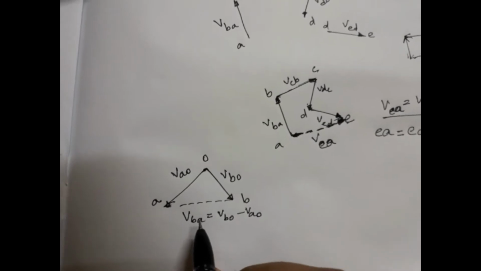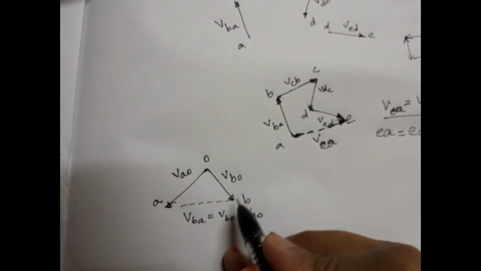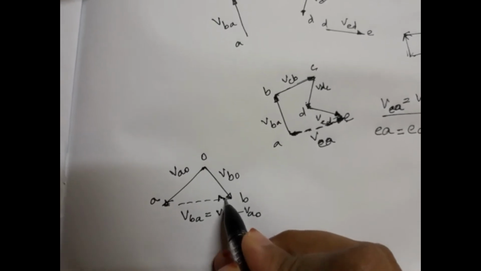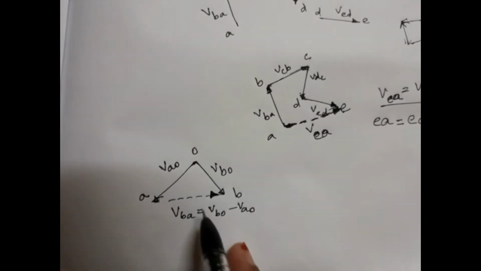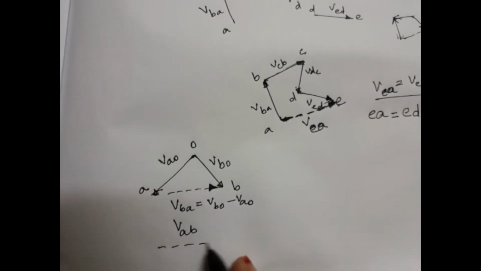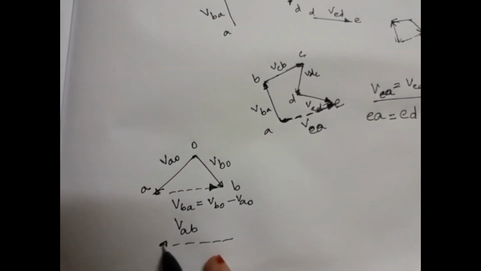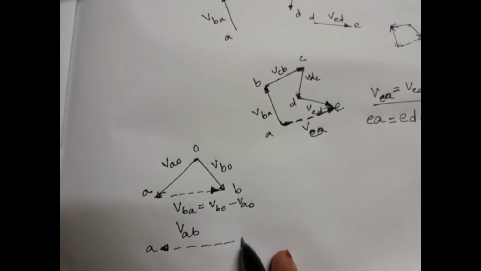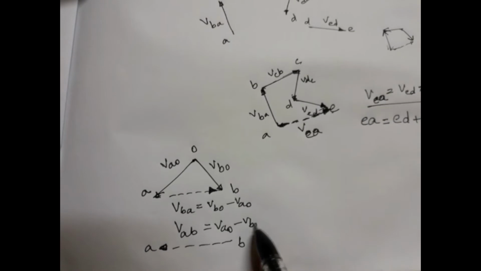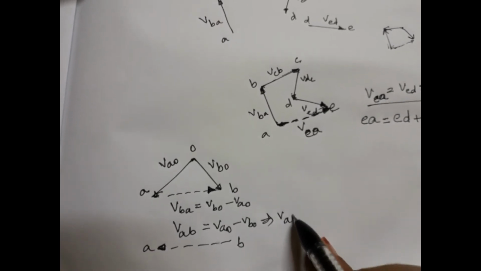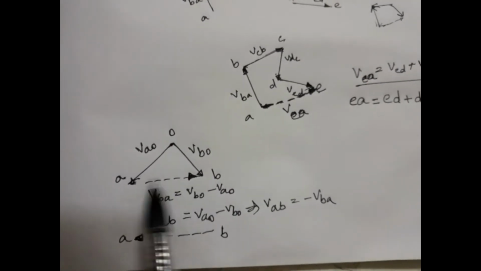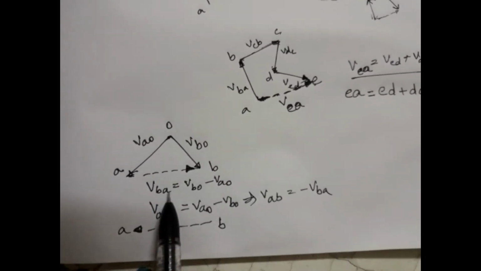If we are finding the resultant of B with respect to A in this particular case, we can find VAB also. In that case, our resultant will be towards A to B, suppose. Then we will get it as VAO minus VBO, or otherwise also we know that VAB is equal to minus VBA. So you can find the resultant. Velocity of B with respect to A can be found.